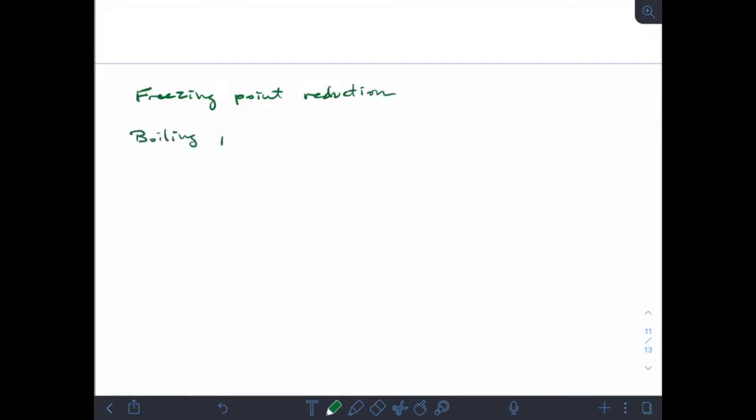And we're talking about solutions, versus pure solvents.